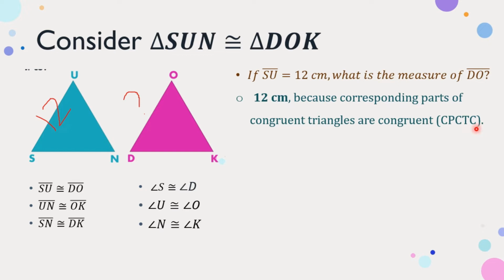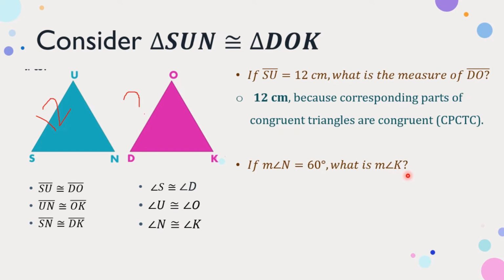Okay? Let's have example number 2. If the measure of angle N is equal to 60 degrees, what is the measure of angle K?